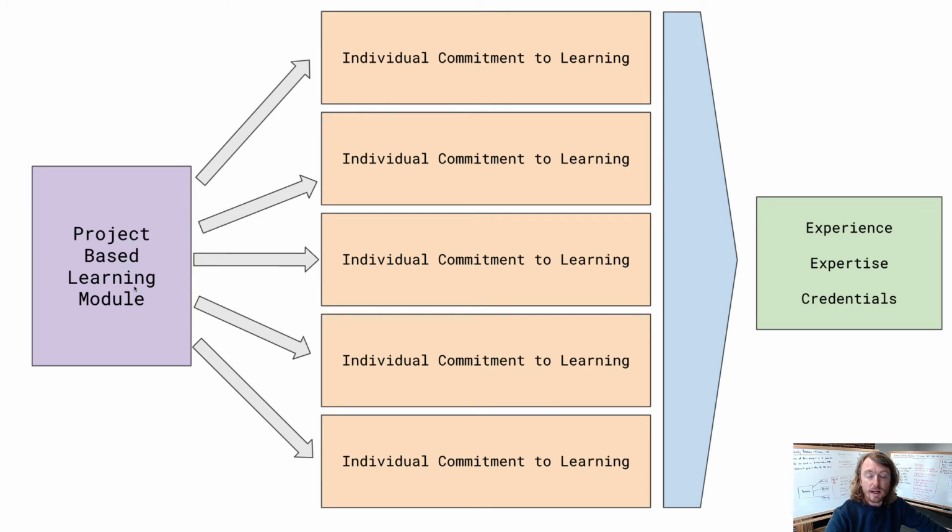Then anybody who wants to onboard to Gimbal Labs or onboard into one of our PBL programs can do the first module. Let me say the order more correctly. They can make a commitment to doing something, in this case, learning something. And when they finish, they're going to get the expertise, they're going to get the experience, and they can get some token credential to say, yeah, you did that thing.